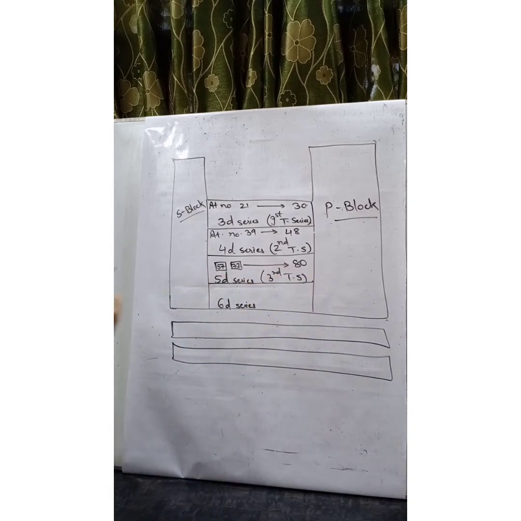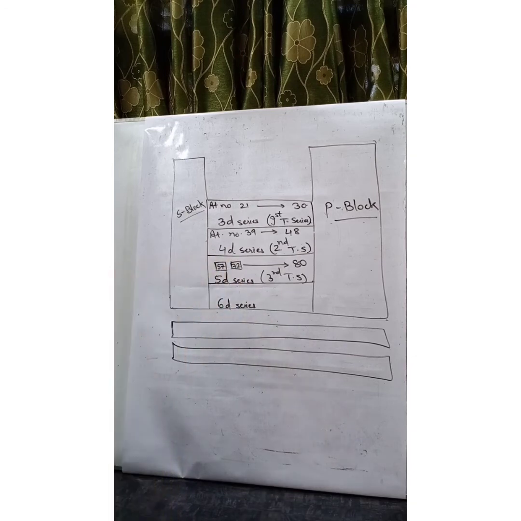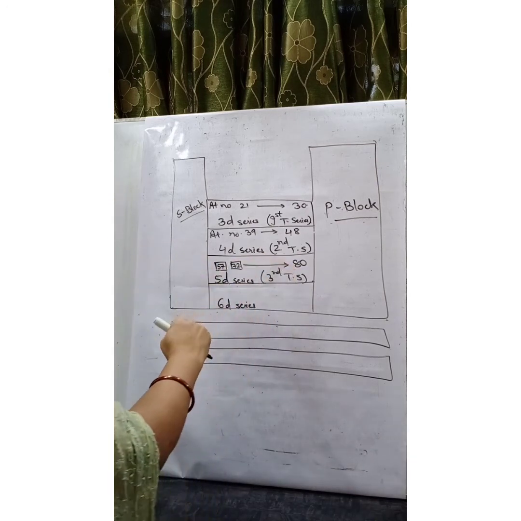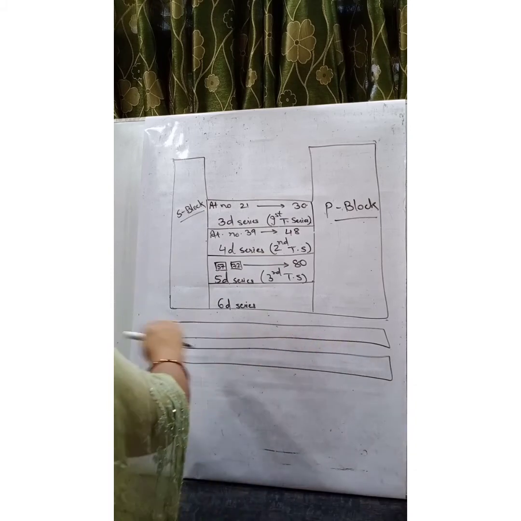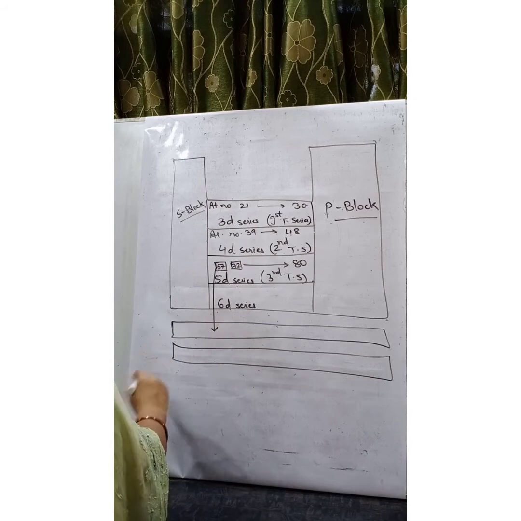Now you will be thinking, then where are the rest of the elements between 57 to 71? Since they show a different type of behavior as compared to these members but a similar type of characteristic, these elements are placed at the bottom.